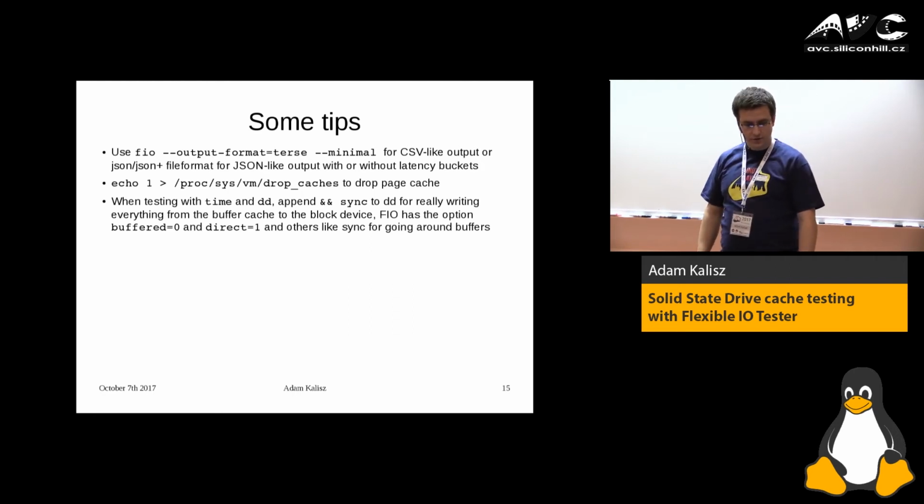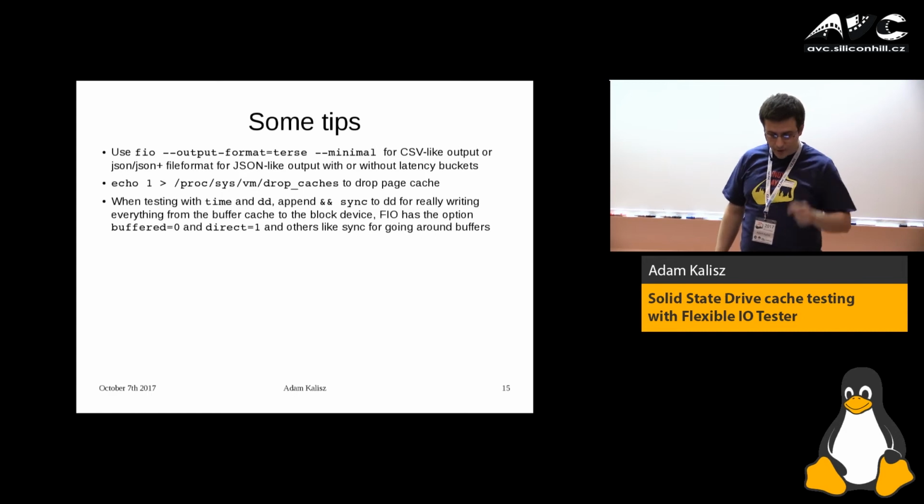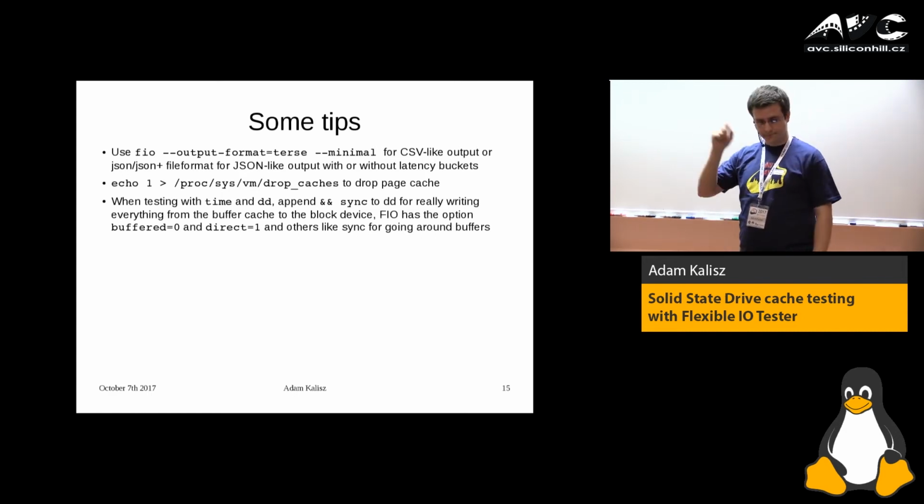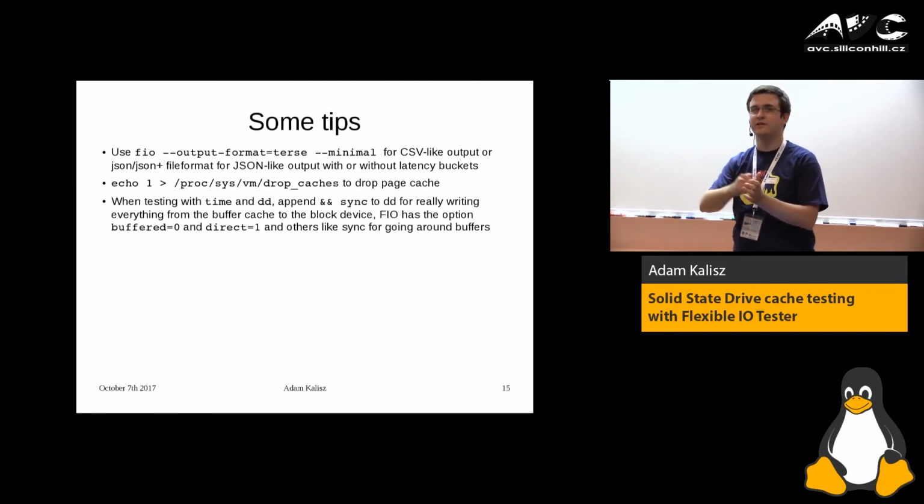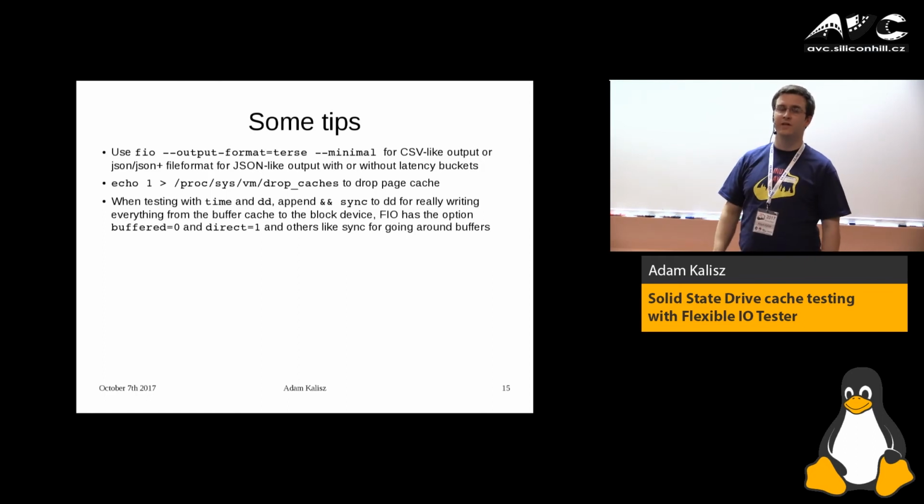You can use other tools. You should use the sync command after that, so you actually write the data to the device. FIO has an option, direct=1, and that says, okay, really make sure that I am writing to the device, that it actually goes there.